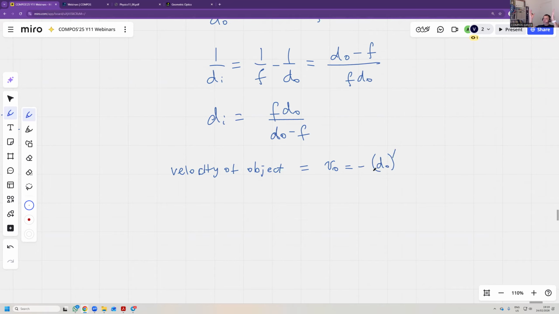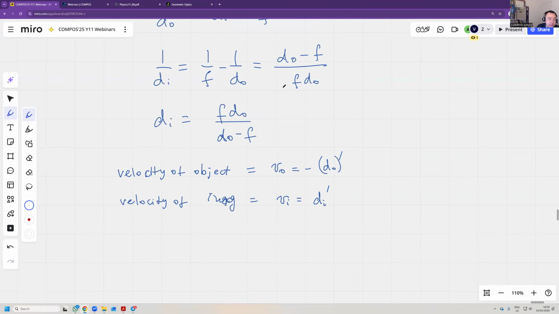Because the distance is decreasing, while the velocity is positive. So it has to be negative. That's why I put a minus in front. For the velocity of the image, we know the image is moving further away from the lens, so vi is the derivative of di with no minus.